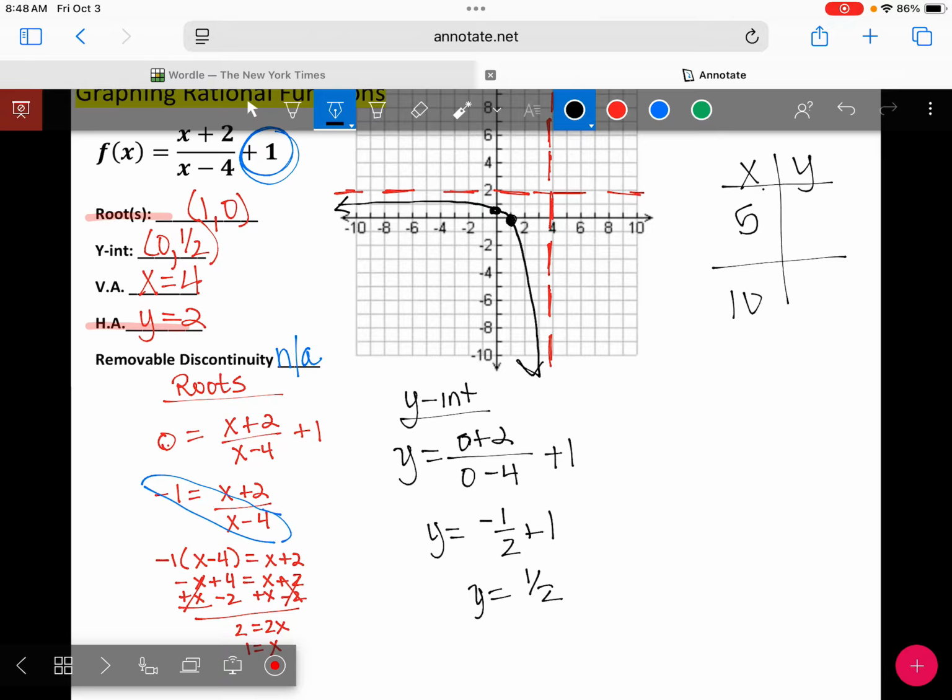So we should have y equals, and then it'll be 5, plus 2, and then 5 minus 4. So figure out what that is and then add 1 to it. So you're going to do that for the 5 and for 10.